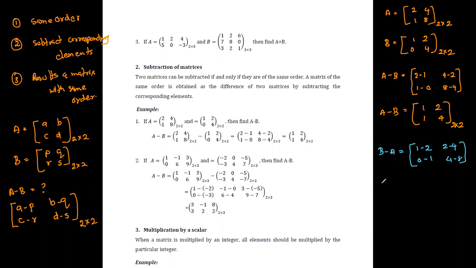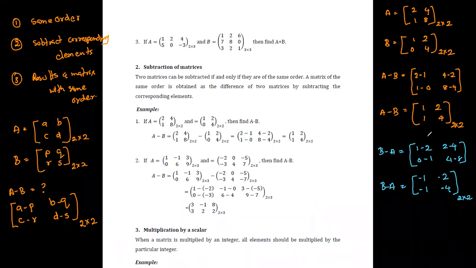If you perform this calculation, we get B minus A equal to minus 1, minus 2, minus 1, and minus 4, another 2 by 2 matrix. This is how we perform matrix subtraction.